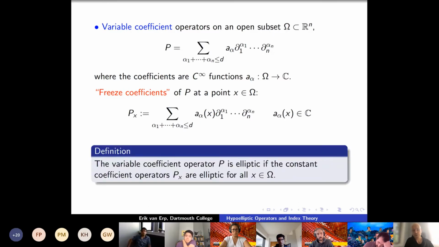So one way to define ellipticity is to say that the variable coefficient operator is elliptic if all the constant coefficient operators that you get by freezing coefficients are elliptic. These constant coefficient operators are good approximations of P in a small neighborhood of x.